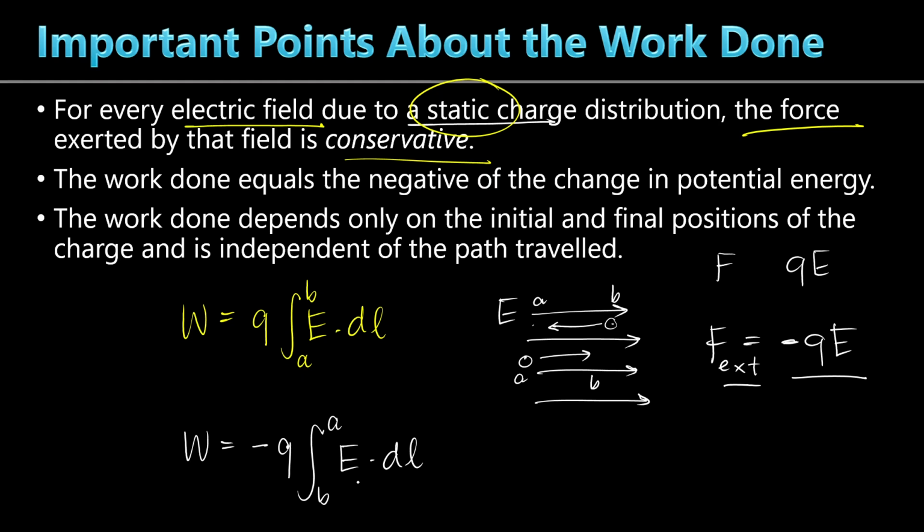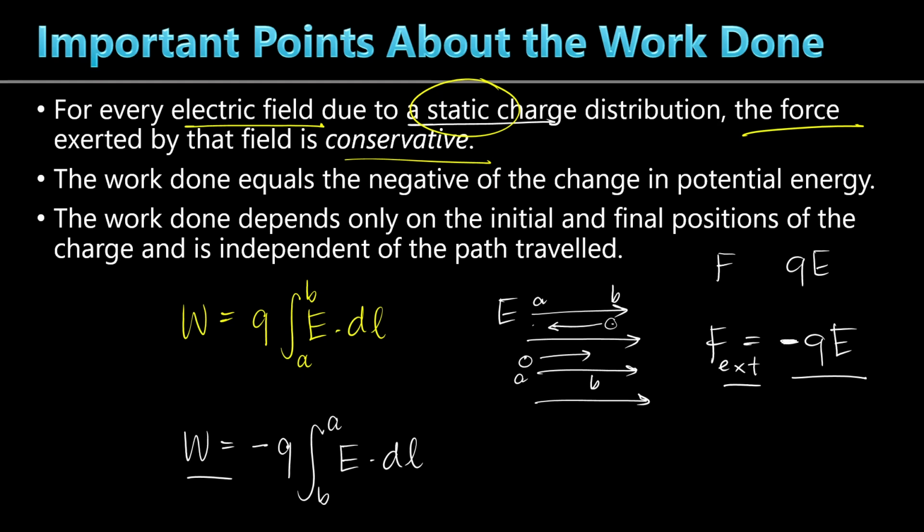Once again, this expression can be interpreted as the work done by an external force in moving the test charge from B to A against this electric field. Okay, that's why it moves in the opposite direction.